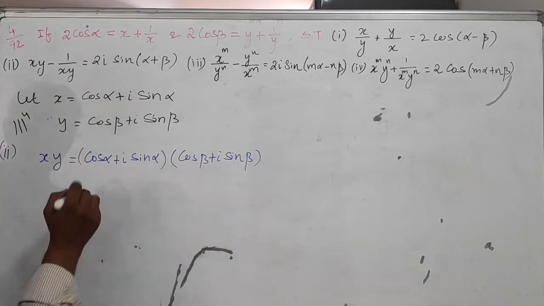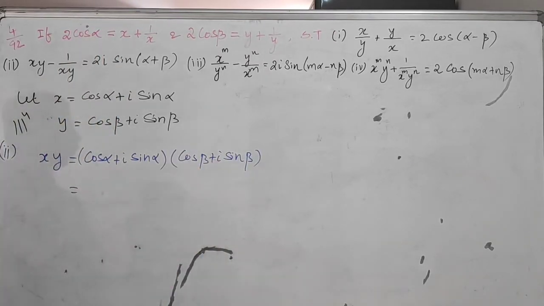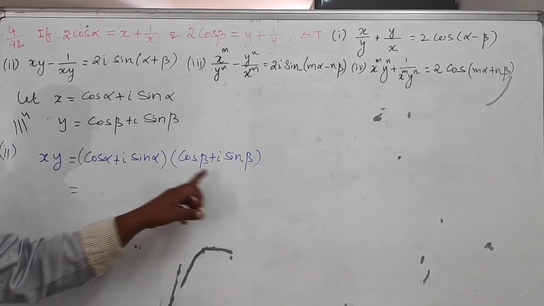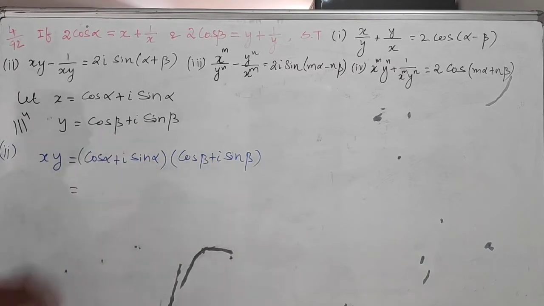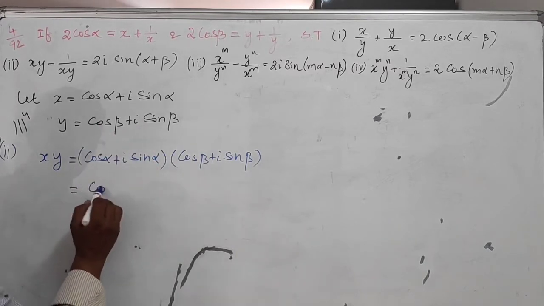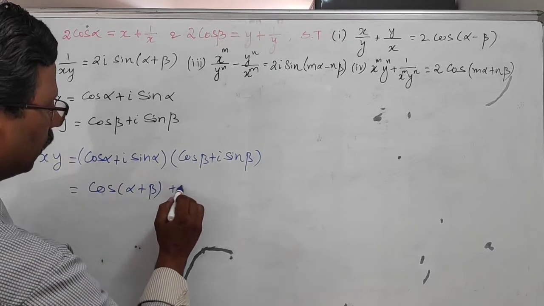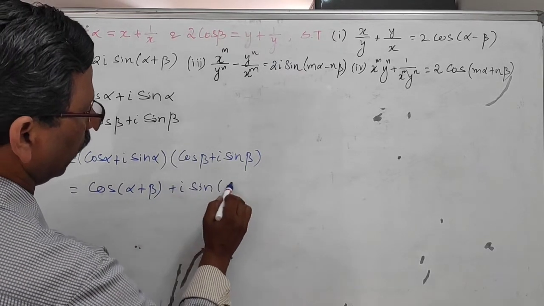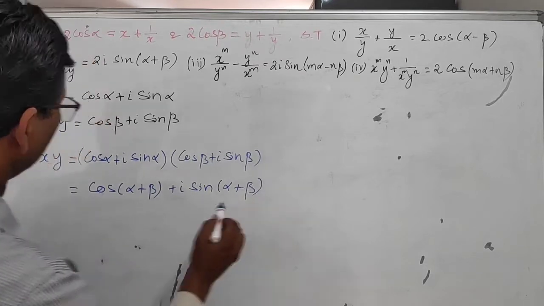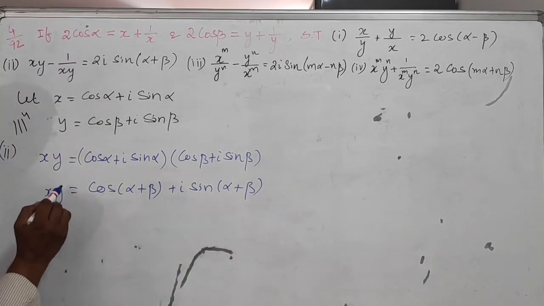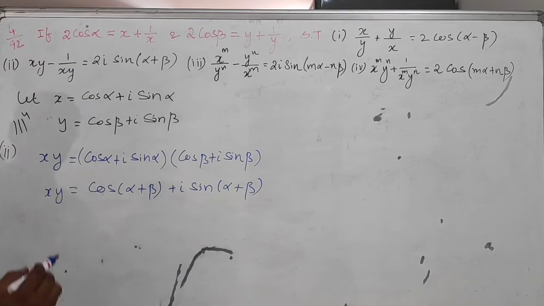Again these two complex numbers are in polar form, that means standard form. While multiplying in standard form, we can add their arguments. That is, we can write cos of alpha plus beta plus i sin of alpha plus beta. This is xy. Now after that you have to find 1 by xy, which is the reciprocal.